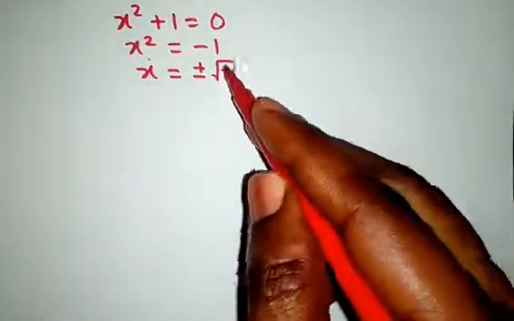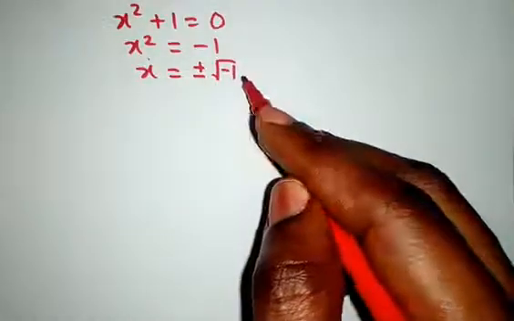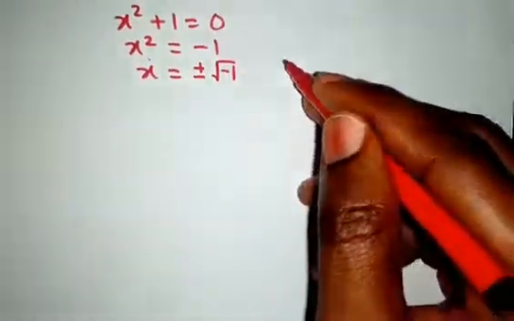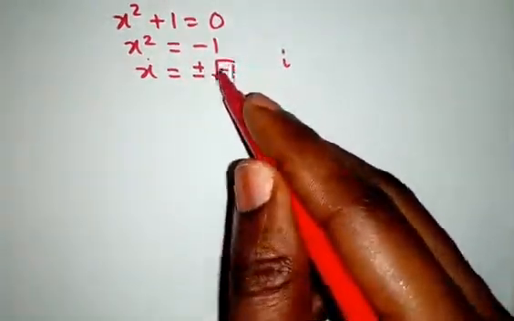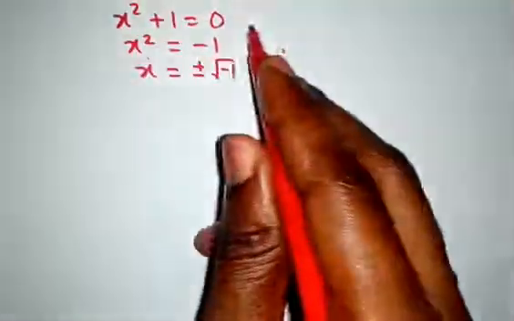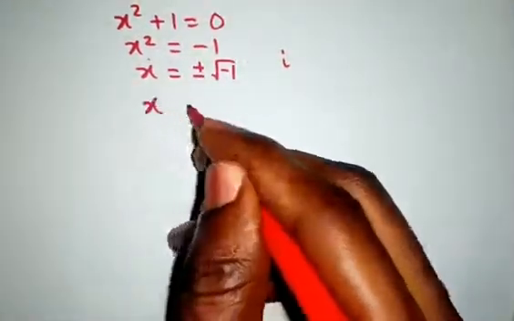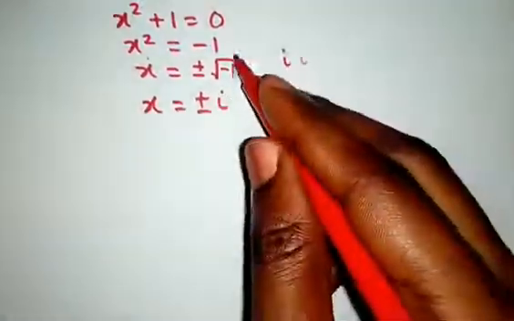But the root of minus 1 does not exist. So we use the symbol i to denote the quantity root of minus 1. And so the solution to this equation becomes x equals plus or minus i, where i equals the square root of minus 1.